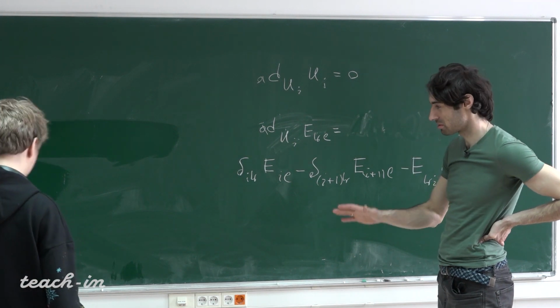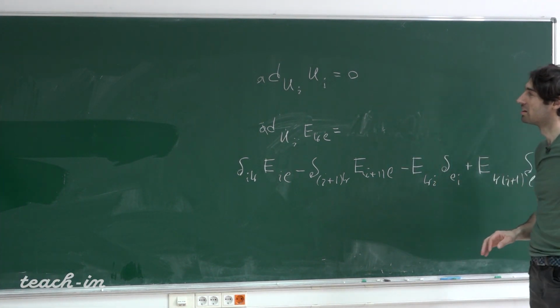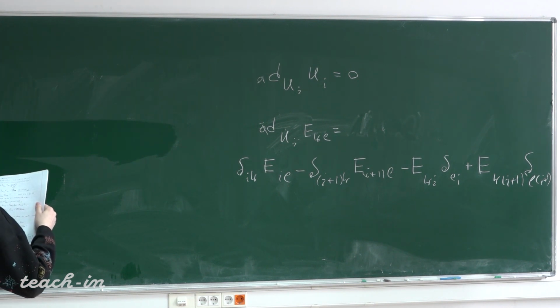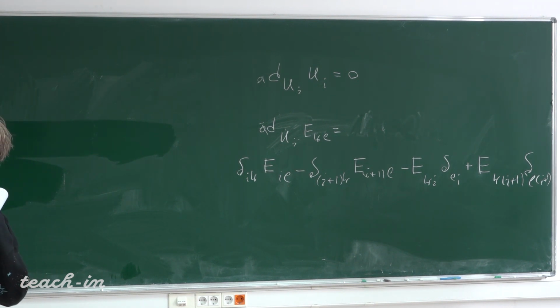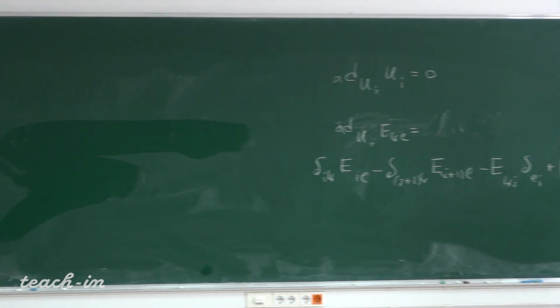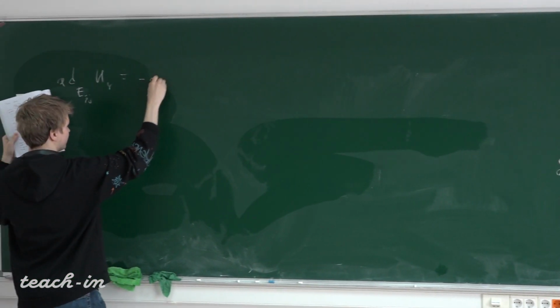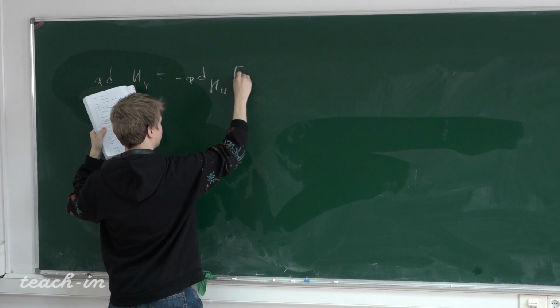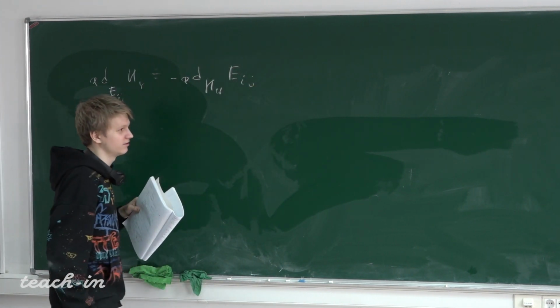Yes. Okay, so that's one thing that we need. All right. So then what? Yeah. So then comes the next thing. So now we want to first add Ej Hk is just minus ad Hk Ej, right?